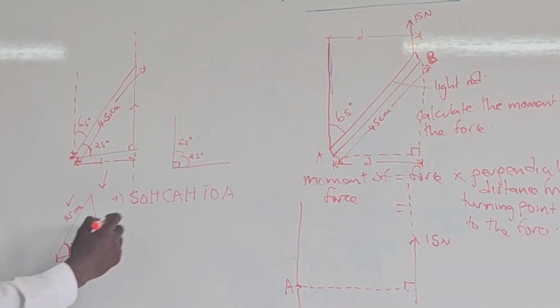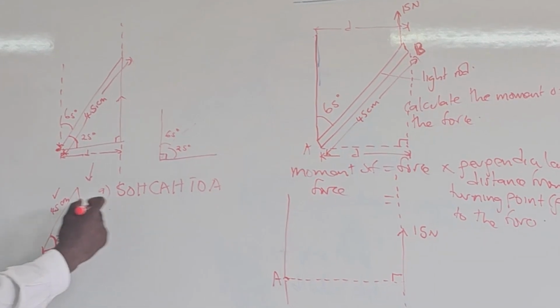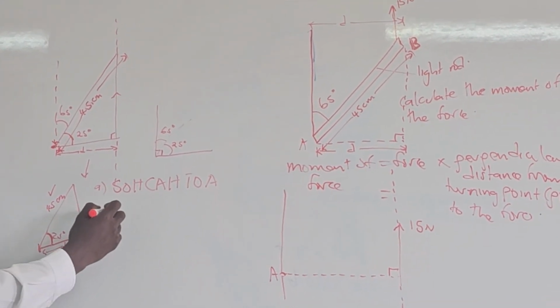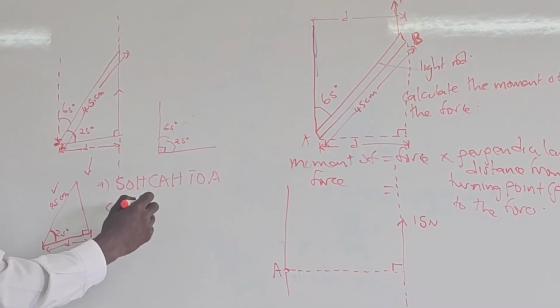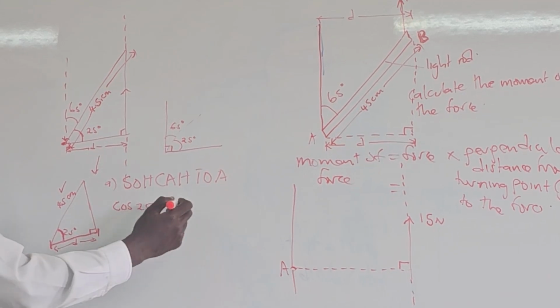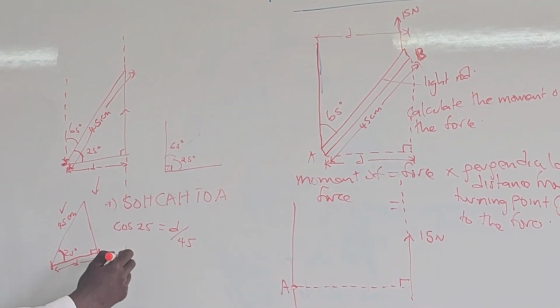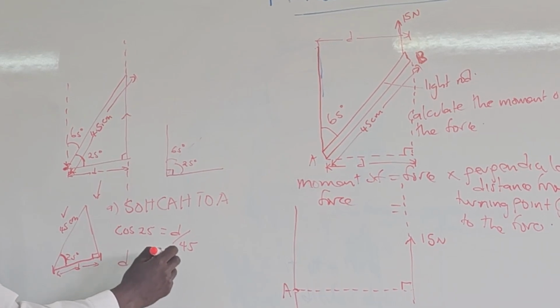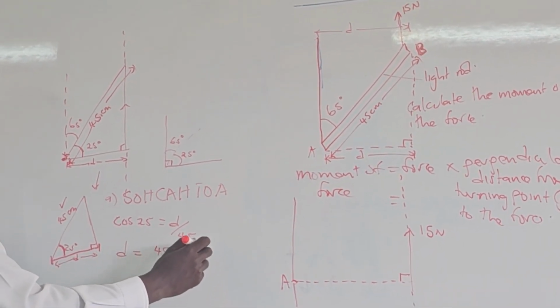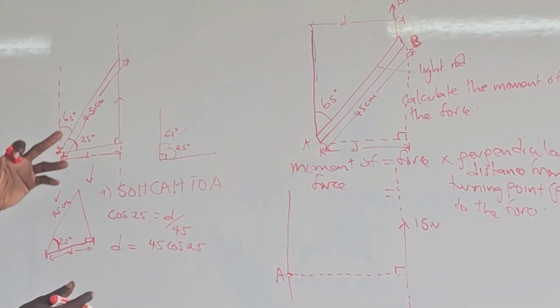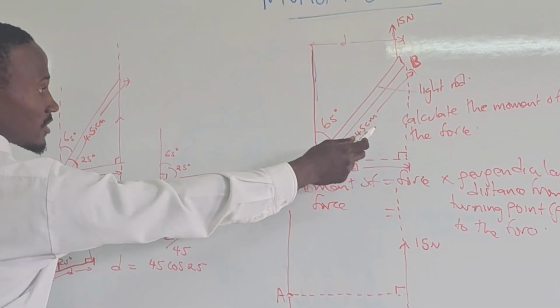So this is the adjacent. We have the angle, so it means cos of 25 will equal the adjacent over 45. So our distance will be 45 cos 25. The units, we had centimeters in the equation.